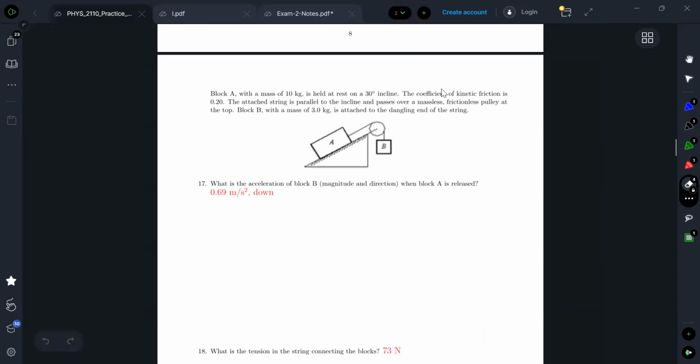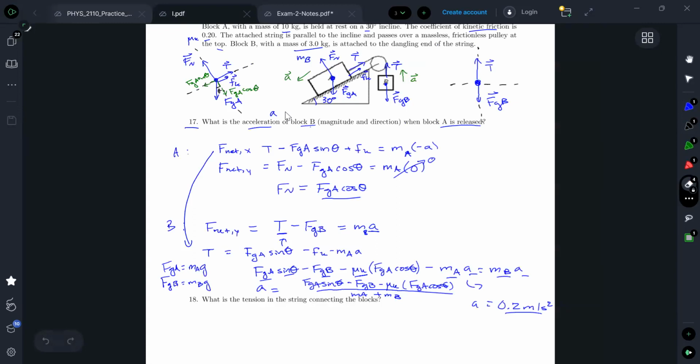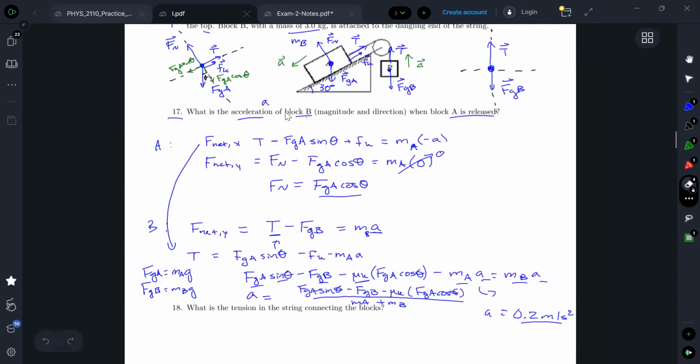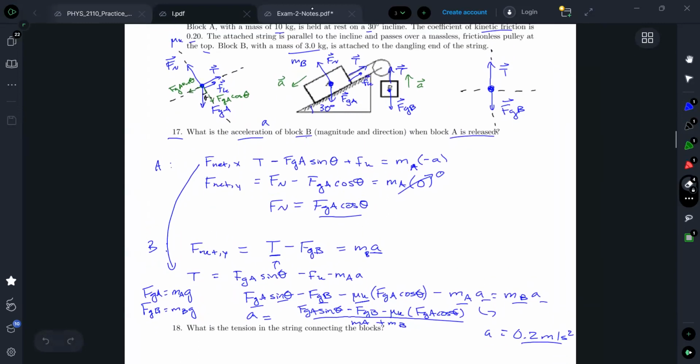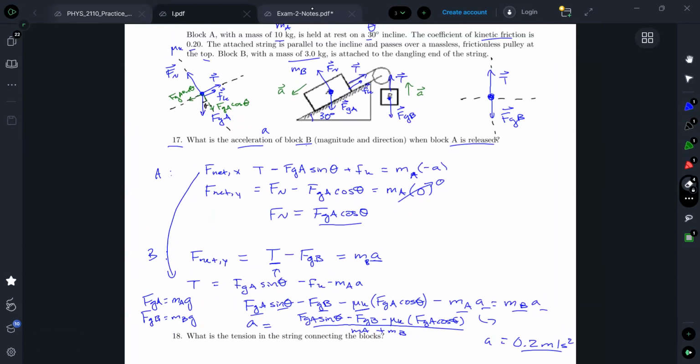All right, so let's double check my work here. It is down the ramp, so that's encouraging. Let's see, we got tension, gravity, kinetic friction up the ramp.